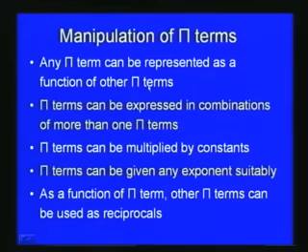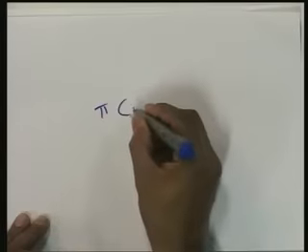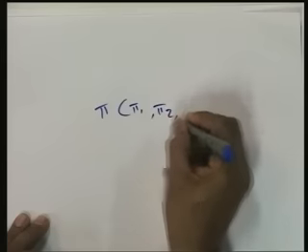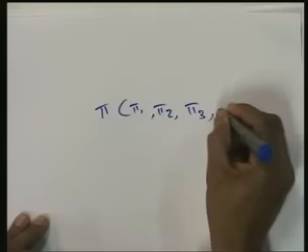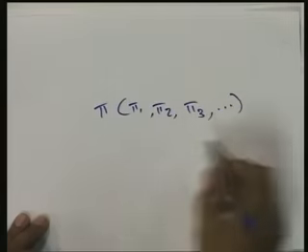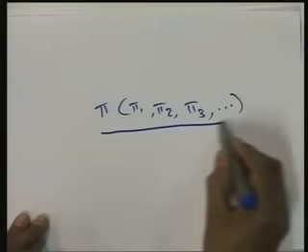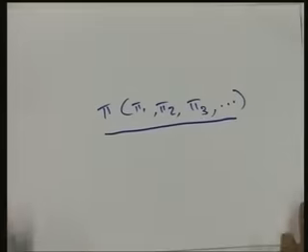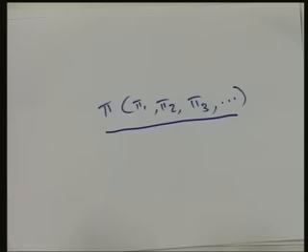We have represented the pi terms as pi 1, pi 2, pi 3, etc. Out of this number of pi terms, we can represent each with respect to other pi terms.